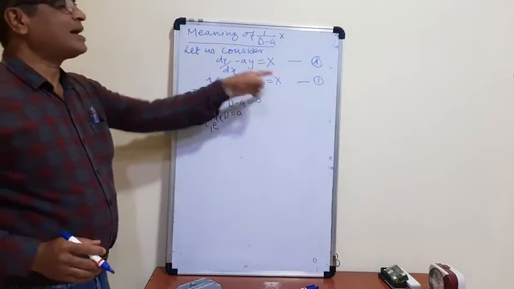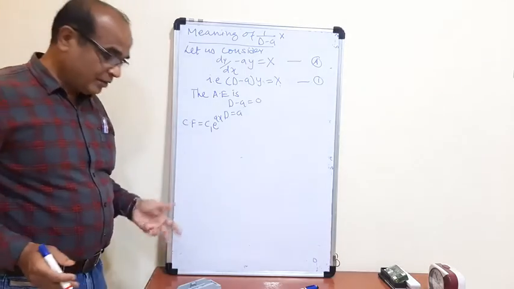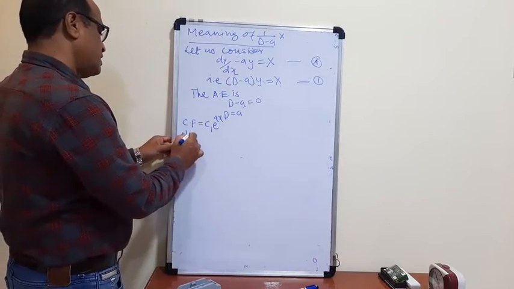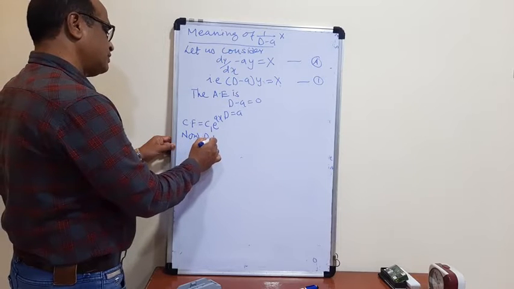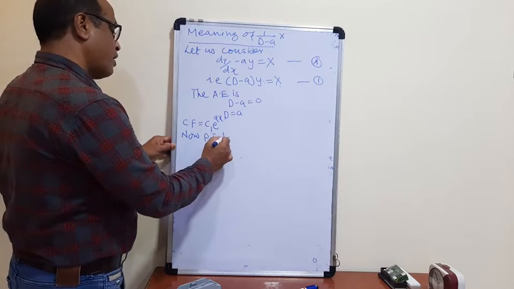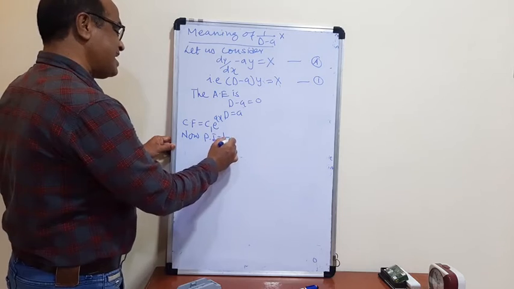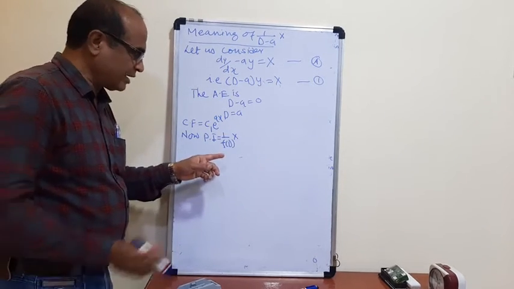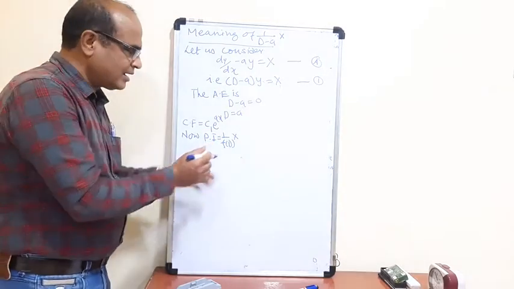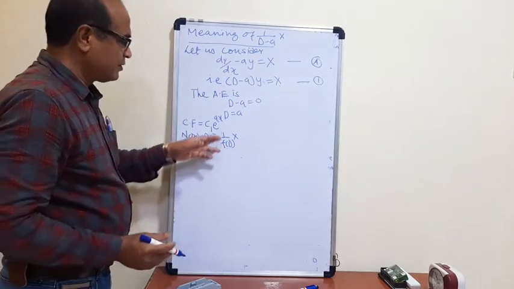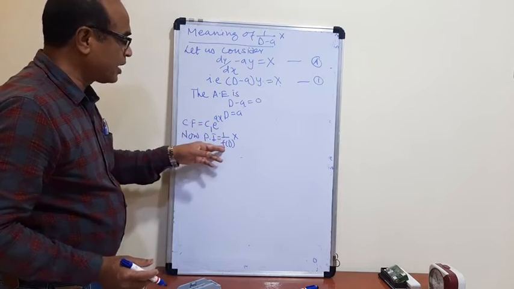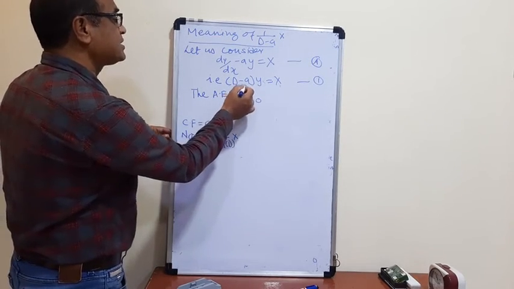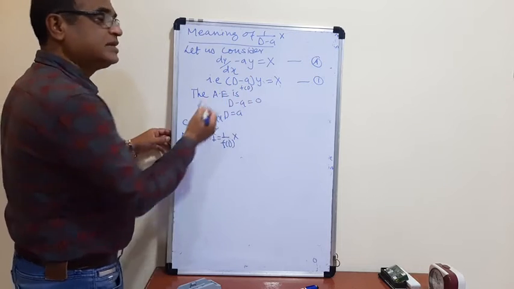So now we consider X. Then what is the particular integral? Now the particular integral PI is equal to 1 upon f of D X. But what is f of D? F of D is D minus a.